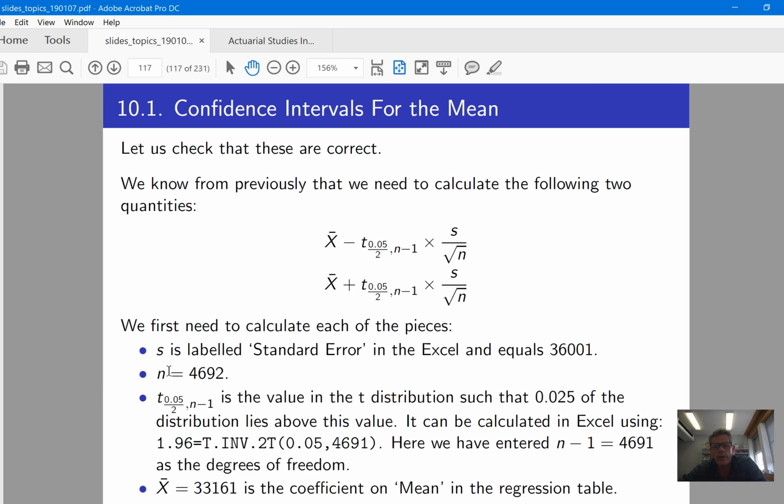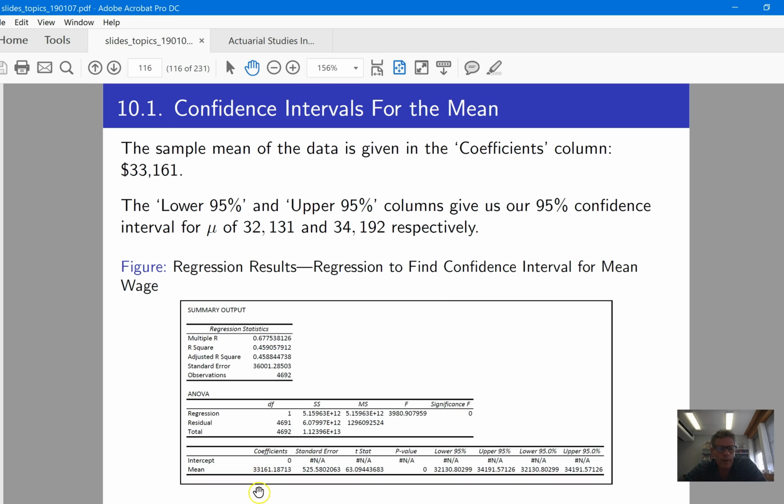We can look at the different components of the formula just to check how this came about. If you recall the formula from the previous video, it basically involves taking the sample mean that you got, subtracting the lower confidence half, and then adding the same quantity to give you that range. You'll notice in this example that the 33,161 is exactly halfway between the lower and upper confidence limits.